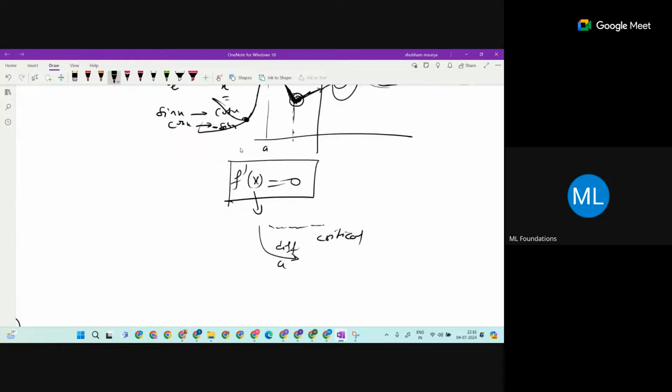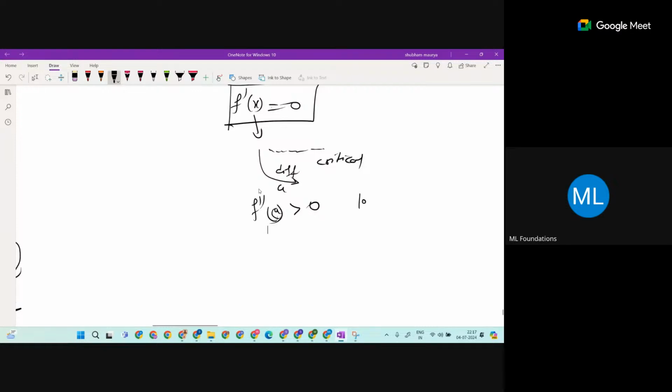So if you differentiate and equate to 0, you get critical points, and you will also include those points where the function is not differentiable. That is also a critical point. Once you find the critical point, differentiate the function twice. If at that point a the double derivative is greater than 0, there is a local minima.